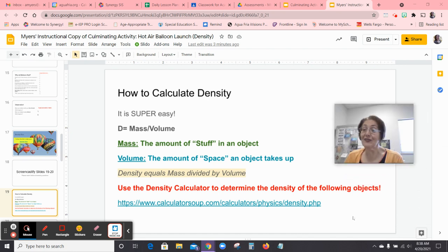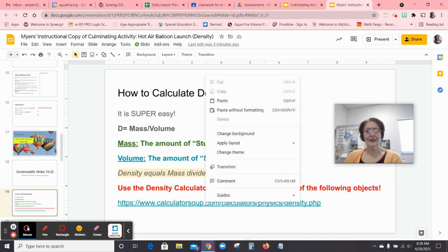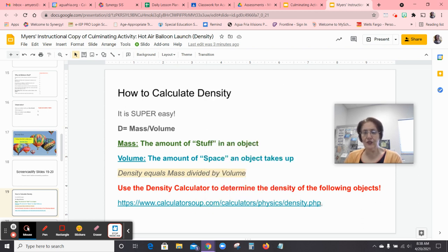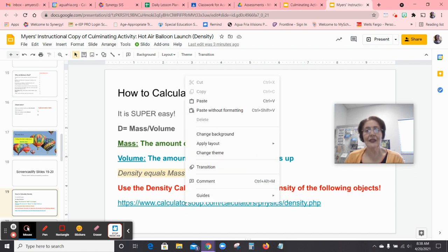Ms. Myers, I don't know how to divide. How am I going to figure this out? Well, we're going to use this cool density calculator to help us figure it out. What you do is simply click on the link, which for me is not going to work. So I'm going to copy the link if it lets me. It's not going to let me.